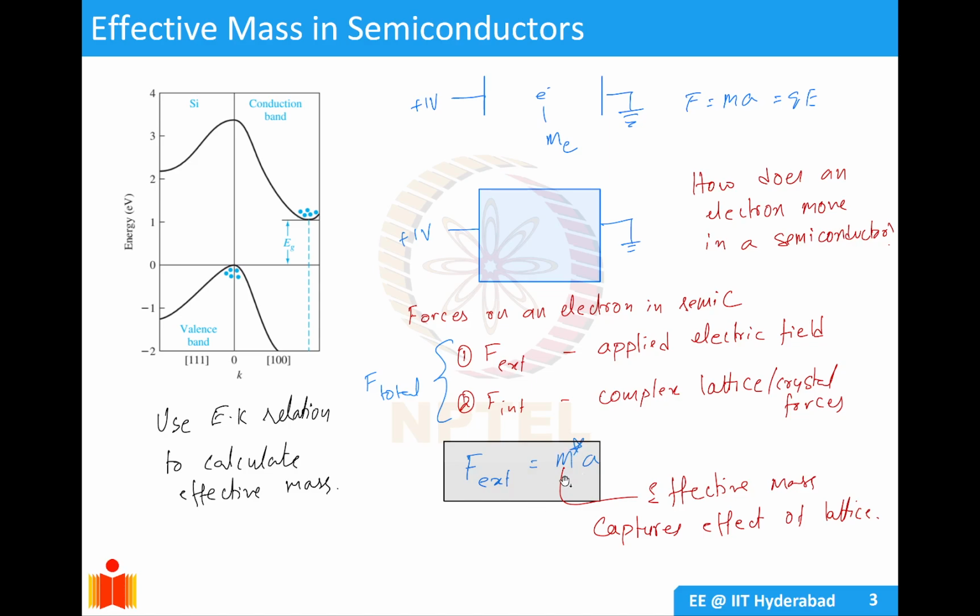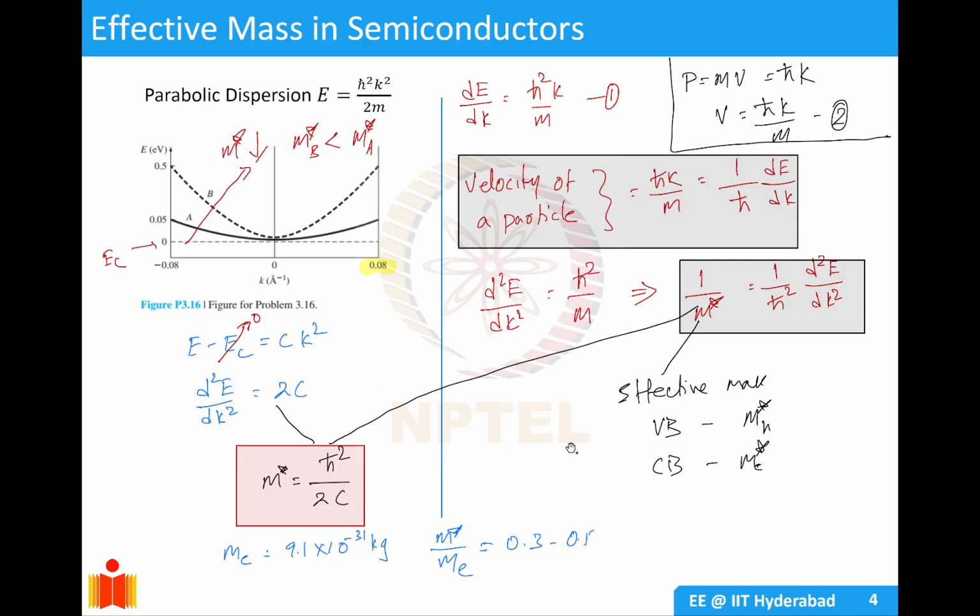So this m star now has all the interactions within the lattice structure, lattice atoms and electrons, encompassed in it, and it is calculated by applying parabolic equations.